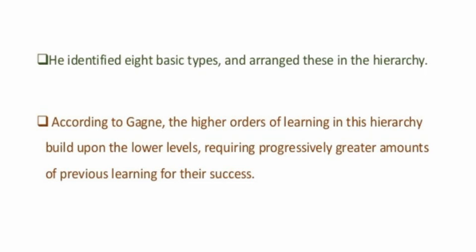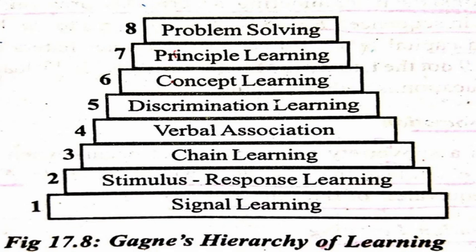He defined 8 basic types and arranged these according to the hierarchy level. According to Gagne, the higher order of learning, this hierarchy, is built upon the lower levels, requiring progressively greater amount of previous learning for their success.